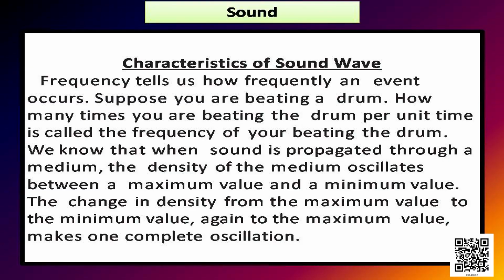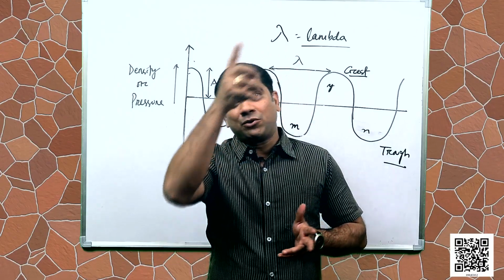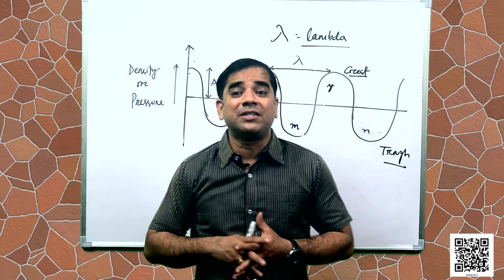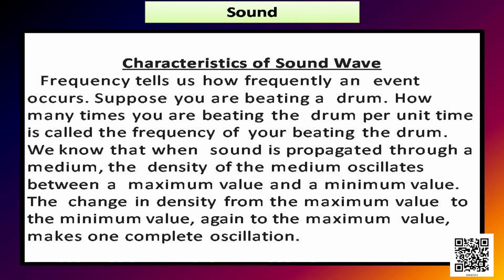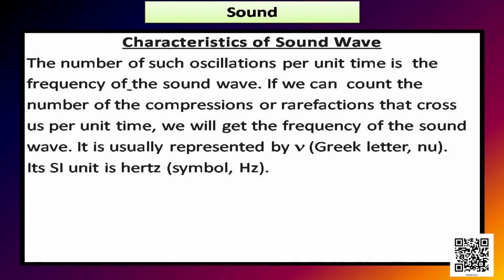We know that when sound is propagated through a medium, the density of the medium oscillates between a maximum value and a minimum value. The change in density from the maximum value to the minimum value, and again to the maximum value, makes one complete oscillation. The number of such oscillations per unit time is the frequency of the sound wave.